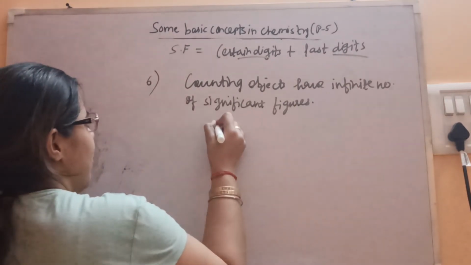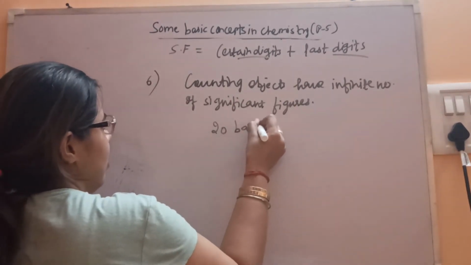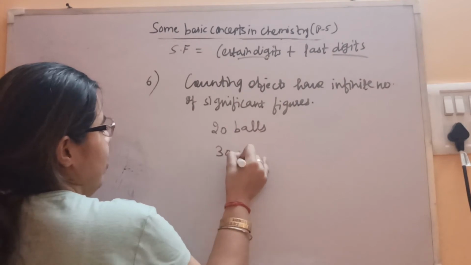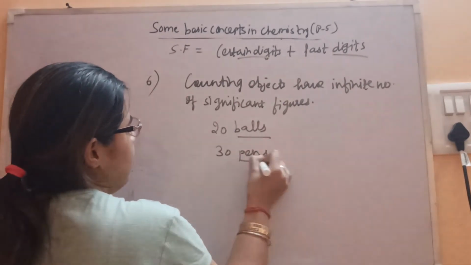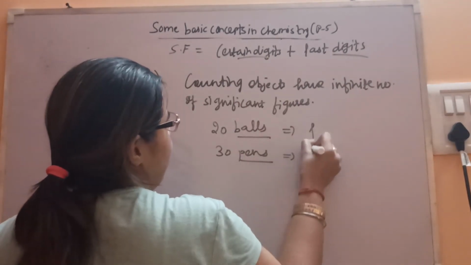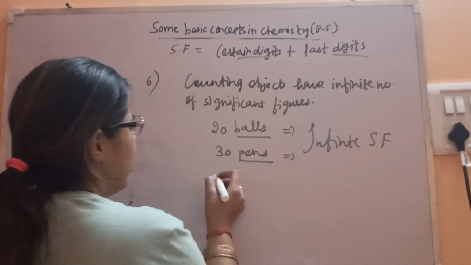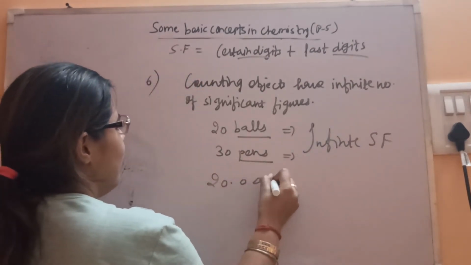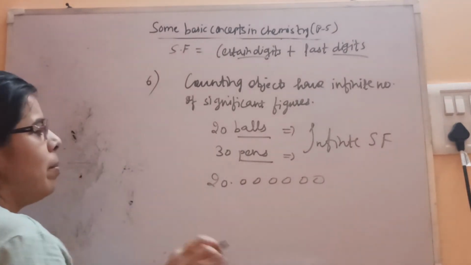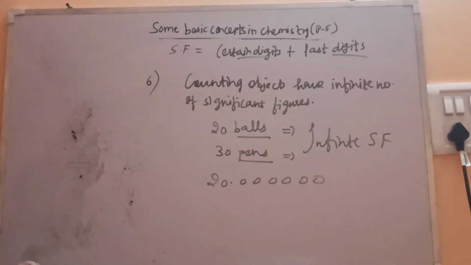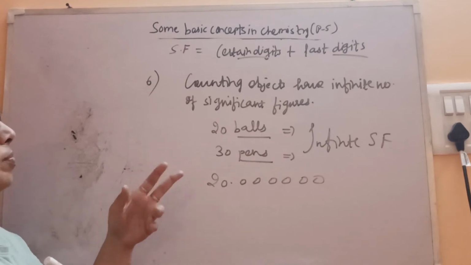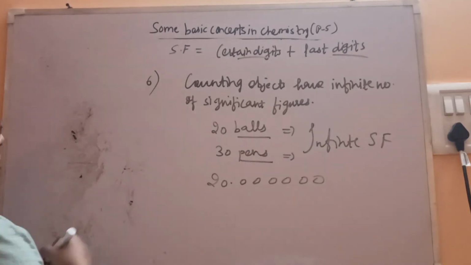For example, if I am saying 20 balls, 30 pens, where the object is mentioned, they have infinite significant figures, because you can put any number of zeros after the decimal, so that's why they are infinite. Counting number of objects have infinite significant figures.